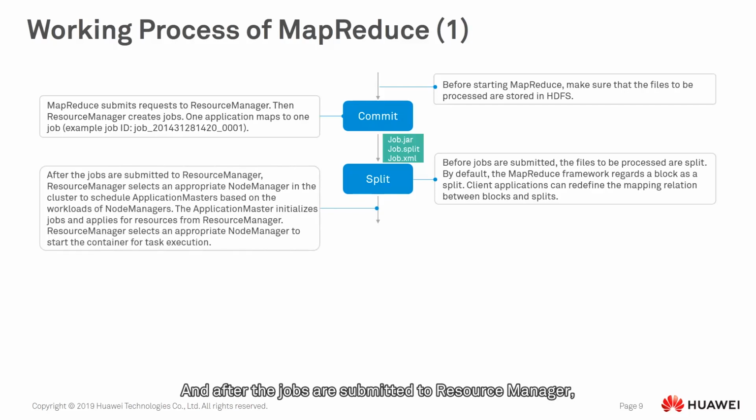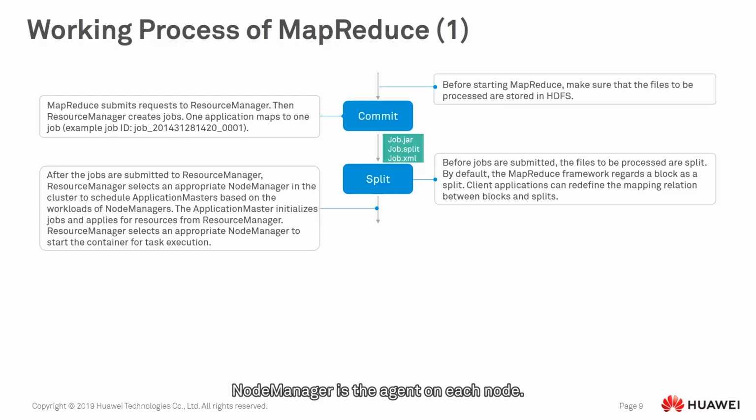And after the jobs are submitted to Resource Manager, it allocates resources for them. It selects an appropriate node manager in the cluster to schedule application masters based on the workloads of node managers.